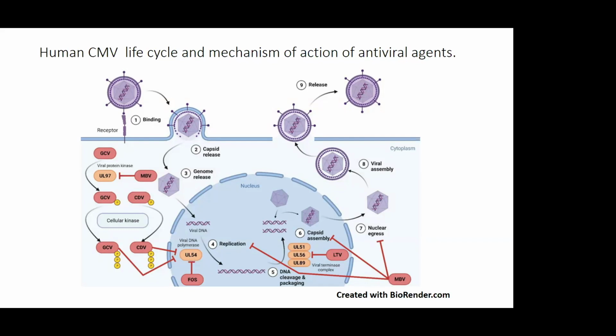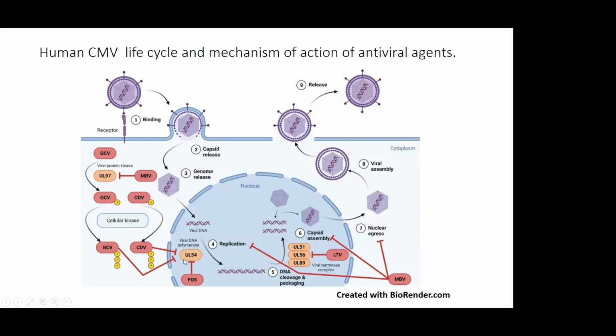Okay, while letermovir targets the viral terminase complex, UL51, 56, 89. These are just one complex, and normally the mutations within the 56 will confer resistance to letermovir. Maribavir is a little bit different from the others in that it has more than one target.